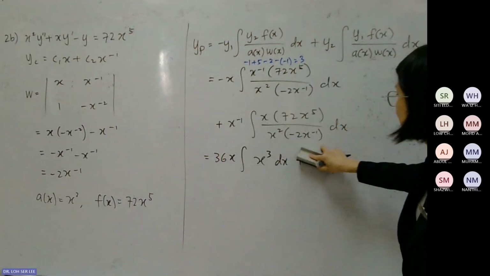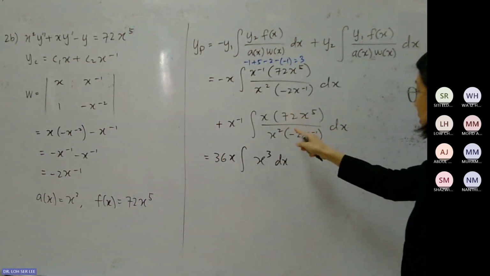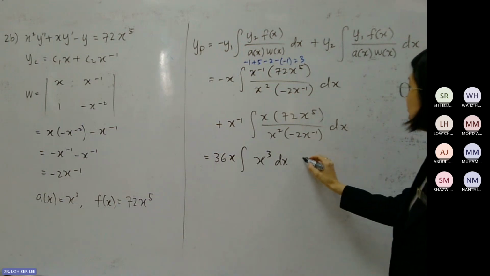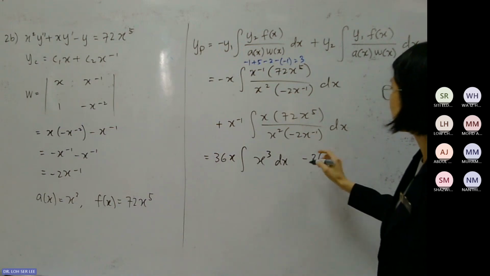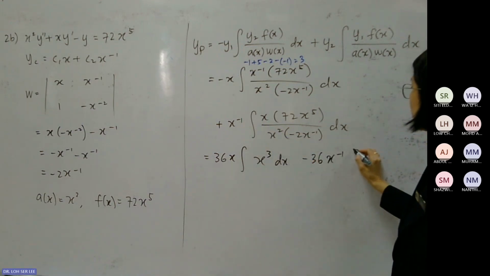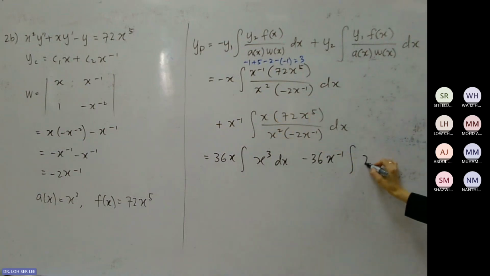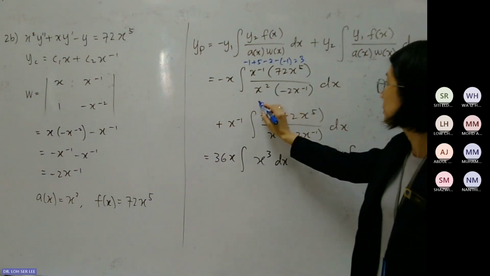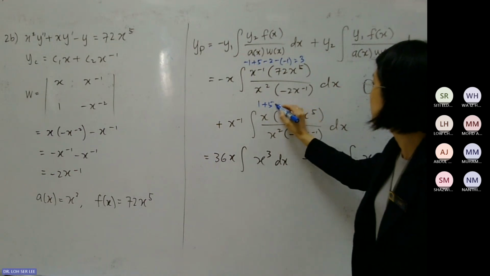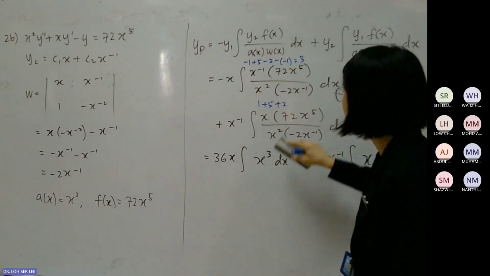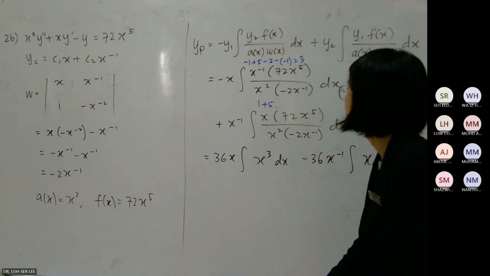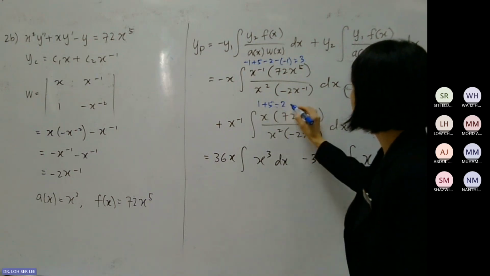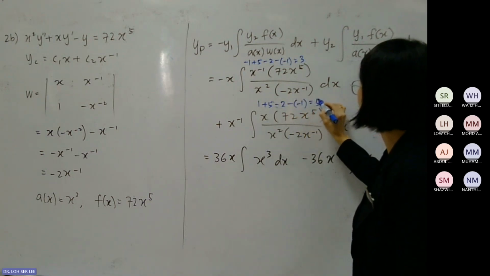The same goes to the second term. We factorize the 72 over -2, which is -36. Next, power of -1. 1, 2, 3, 4. New power is 5. Minus 2 minus -1 is 1.